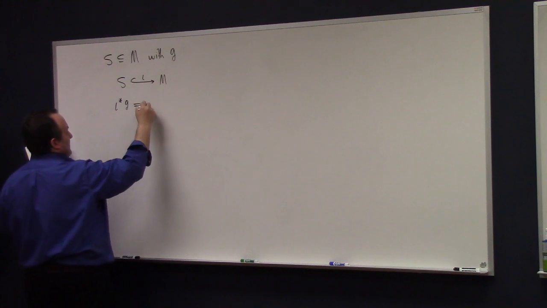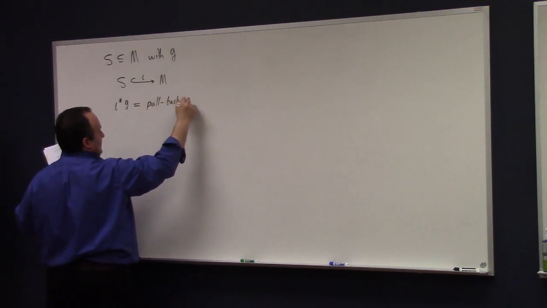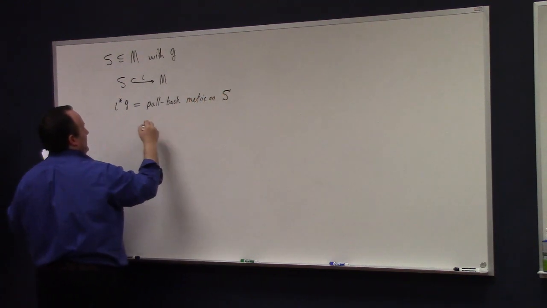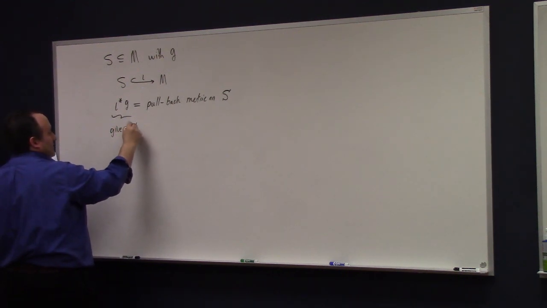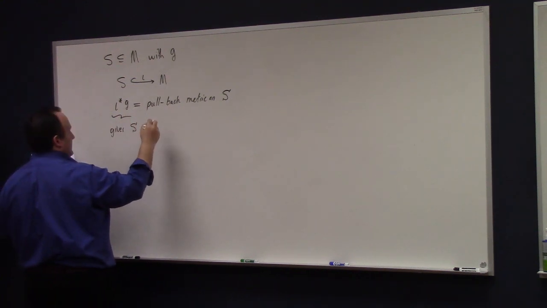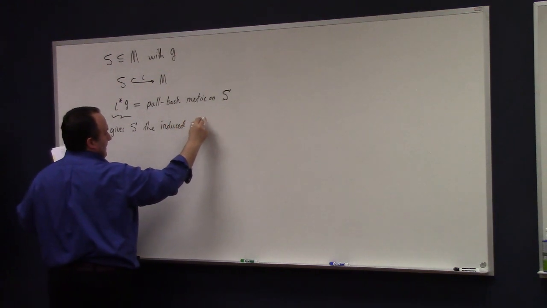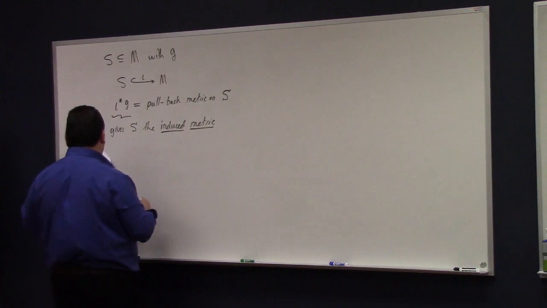No, he just calls this the pullback metric on S. So this right here gives S the so-called induced metric, the induced metric from g.